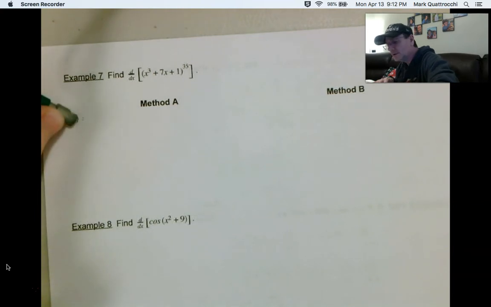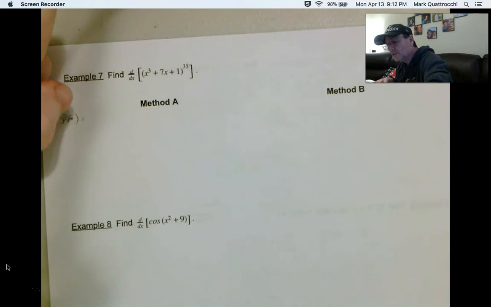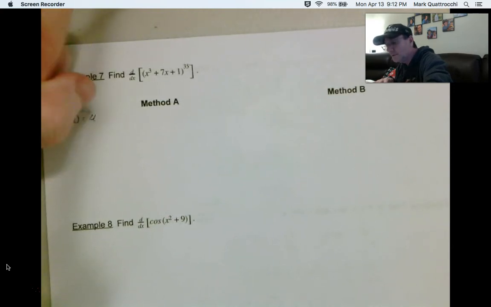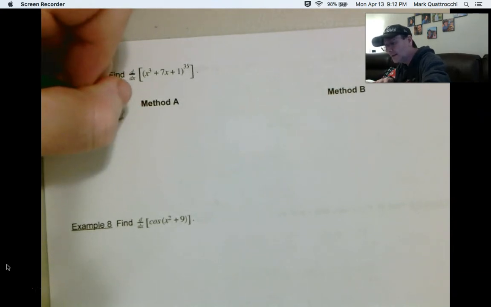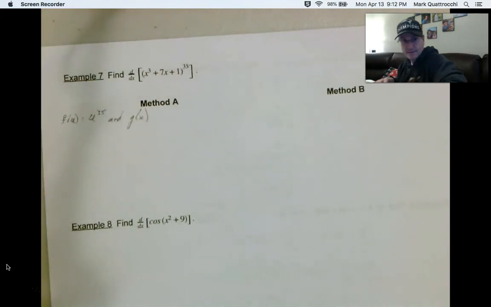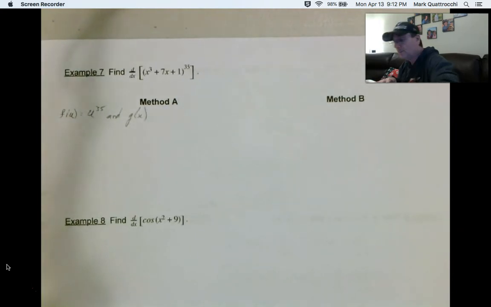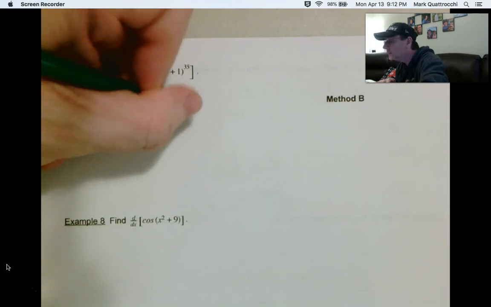F of u is equal to u to the 35th power, and the g function, the inside function, is equal to x cubed plus 7x plus 1.